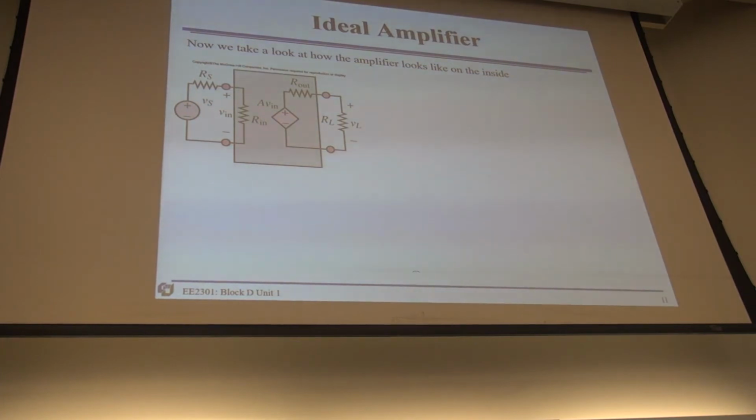Then you have the source, not a circle, but this geometric shape, which is dedicated for the controlled source. So it's controlled by what? It's a voltage source controlled by another voltage, so it's called a voltage controlled voltage source, VCVS.